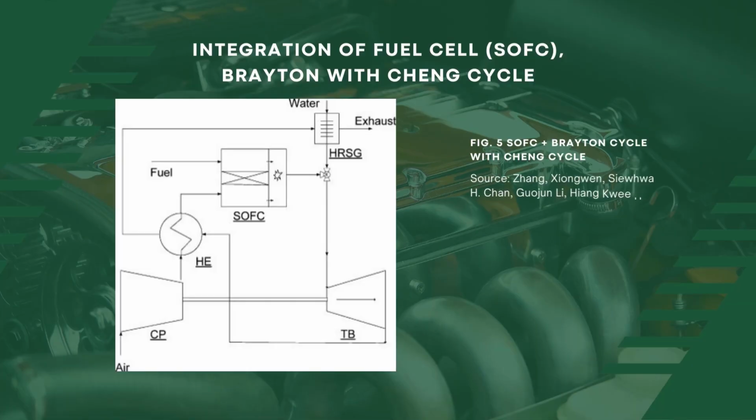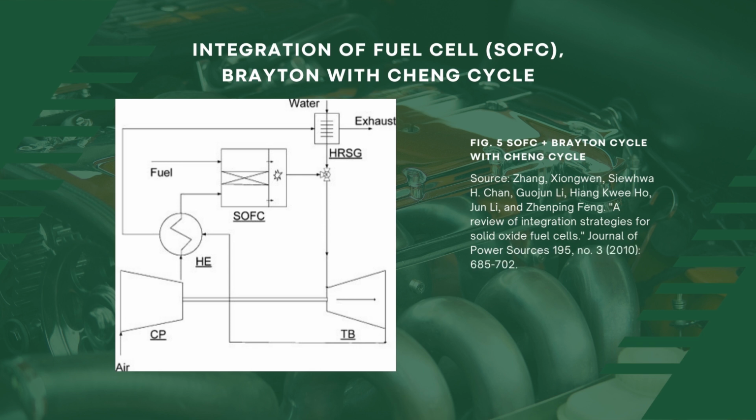Next configuration: this figure shows the integration of a fuel cell, that is the SOFC Brayton cycle, with the Cheng cycle. Figure 5 is taken from a source and is published in the Journal of Power Sources.